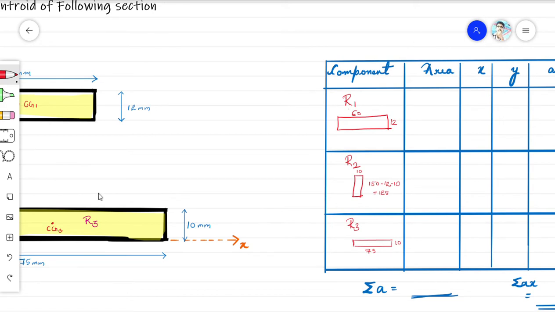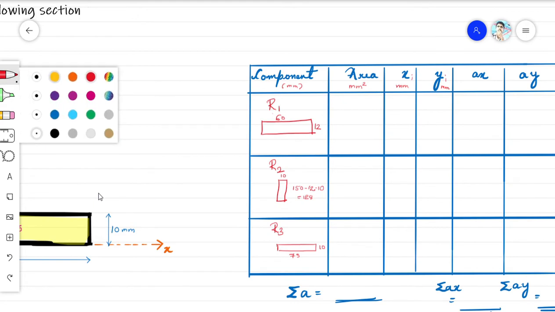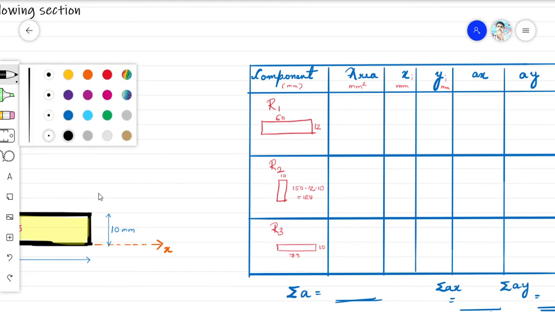So in the table, all components are in mm and area in mm square. This is a distance in mm, and this is also a distance in mm. You can write xi over here and yi for reference. Let us start with the first one, R1.